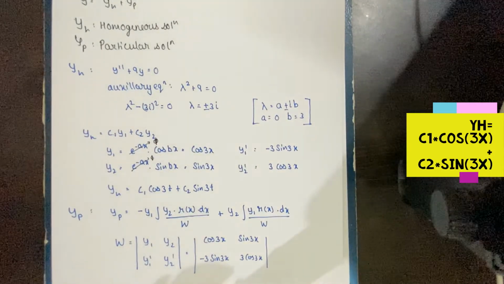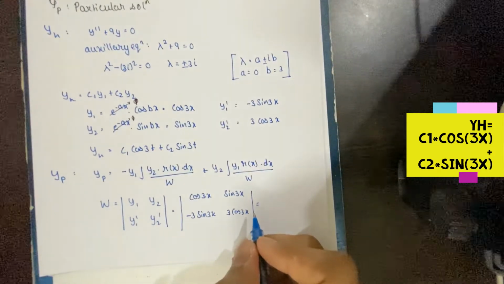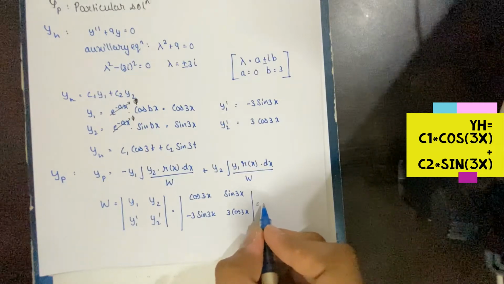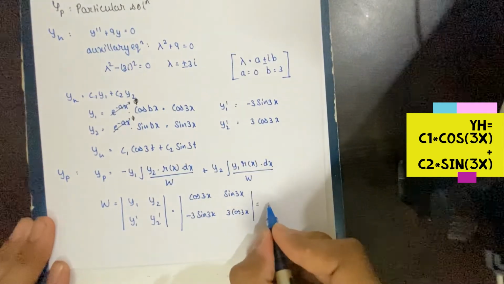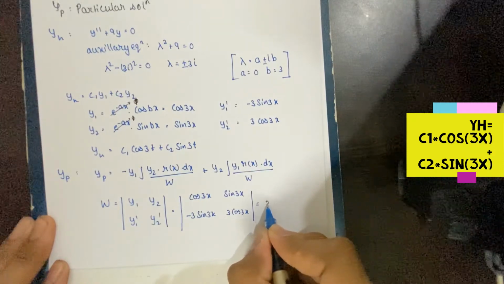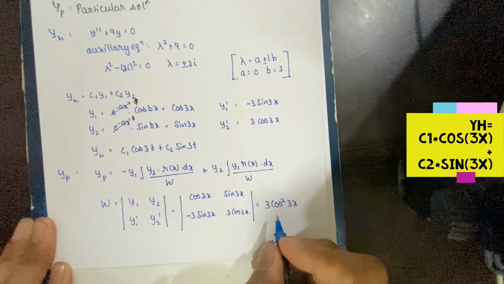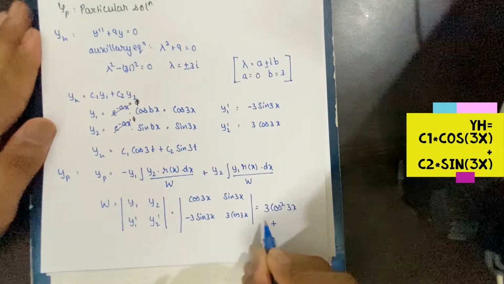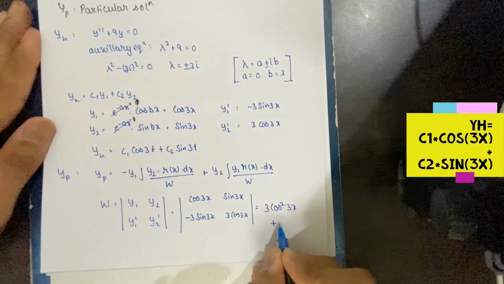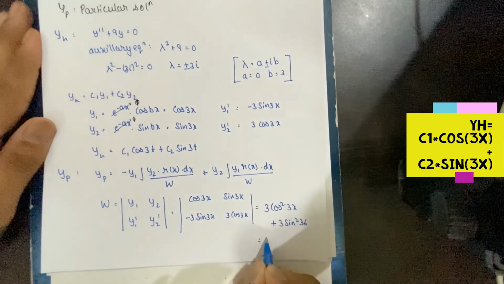This times this minus this times this, so 3 cos square 3x plus 3 sin square 3x, that is 3.